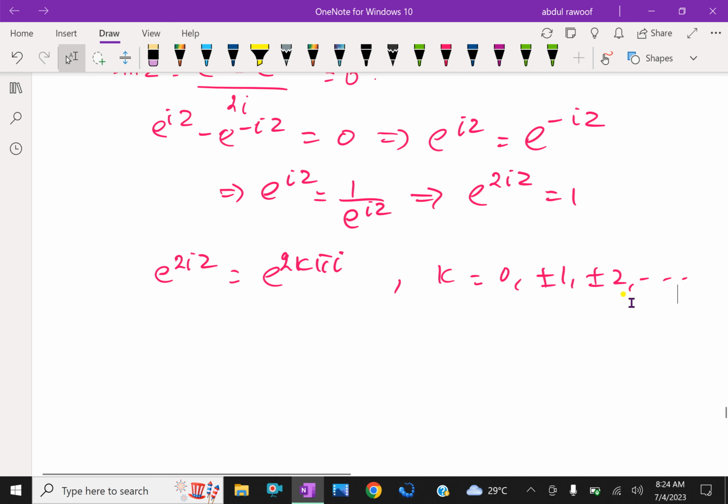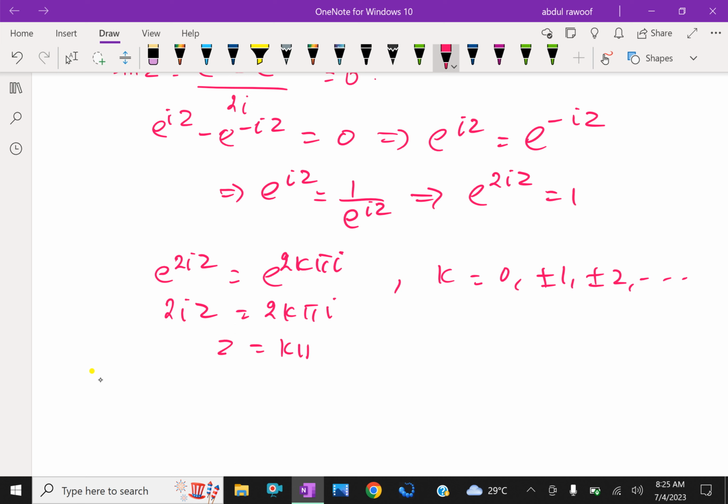Hence, since the base is common, 2iz equals 2kπi. Then from this, cancelling 2i, we can say z equals kπ.